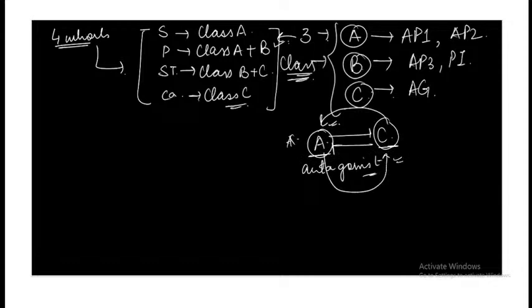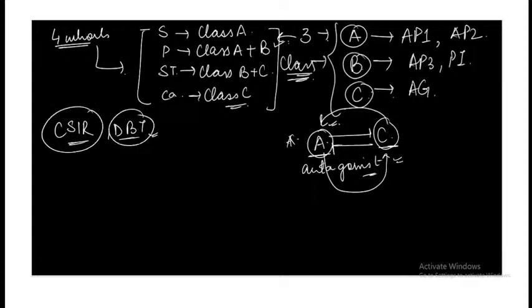When you look into the CSIR NET questions and the DBT or any other competitive exam questions, you will see that every time, in one way or the other, you are getting questions of mutation type, that there was a mutation in a specific gene, whether it could be class A, B, or C, depending upon whatever is asked in the examination.